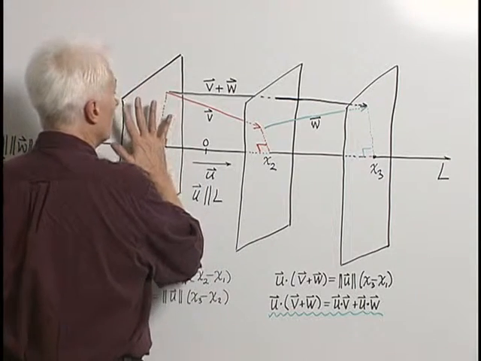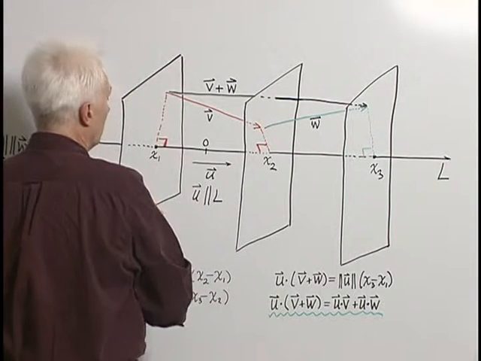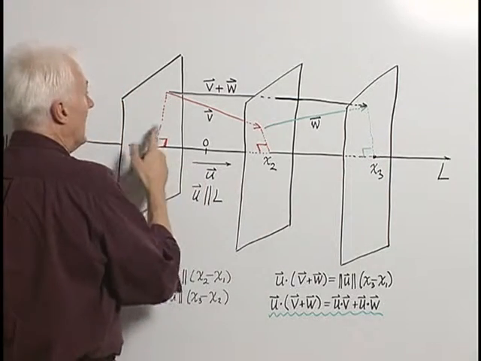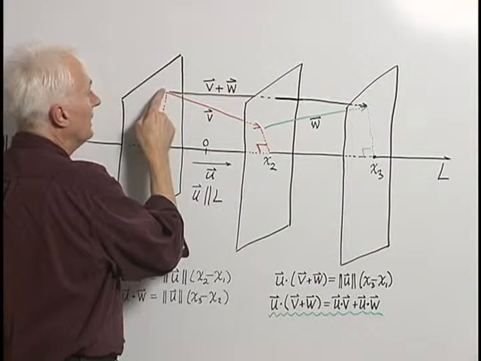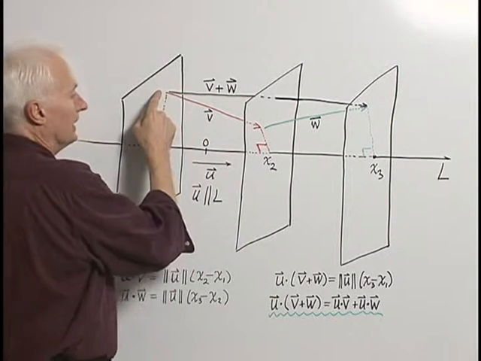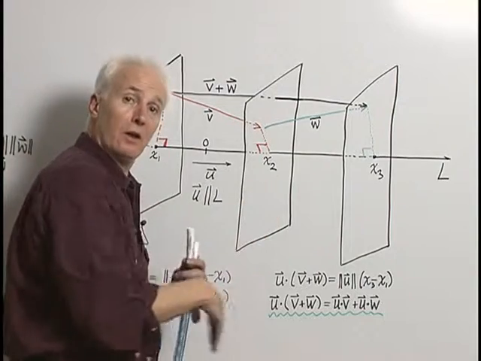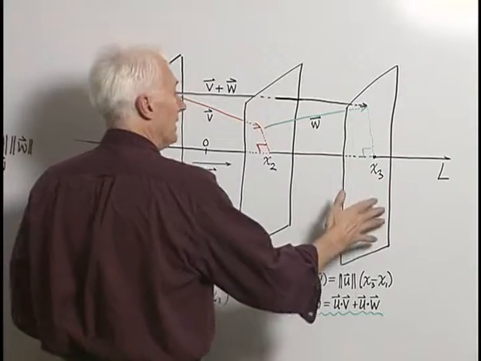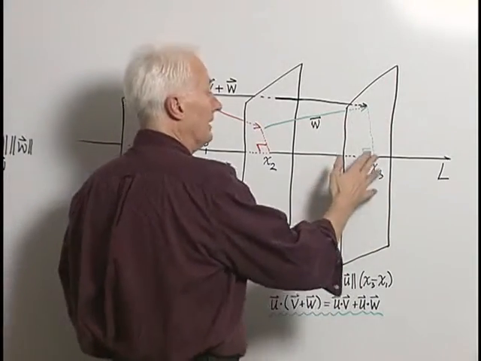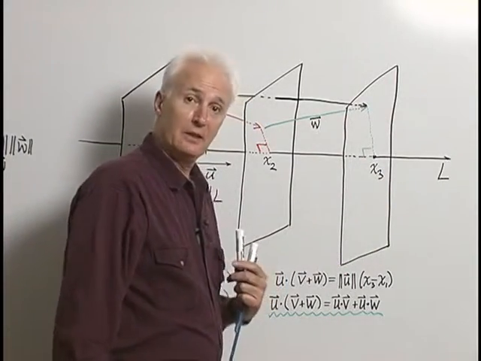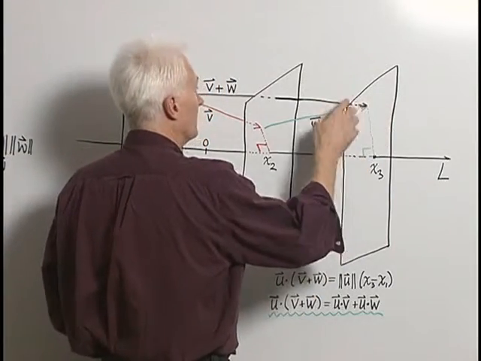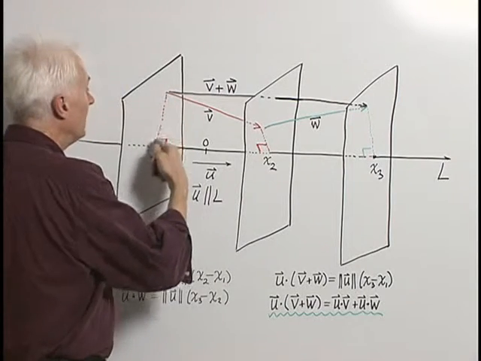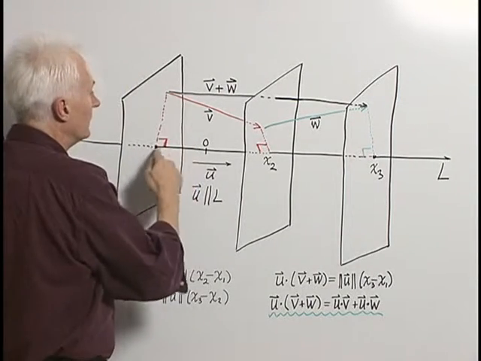So what I've done is I've imagined three planes. This first plane is perpendicular to the line L, and in it we have the tail of V and also the tail of V plus W. The second plane, also perpendicular to the line L, has the tip of V, and then we simply construct the third plane, also perpendicular to L, to contain the tip of W, which is the same as the tip of V plus W. And now in those planes, I've dropped perpendiculars to the line.